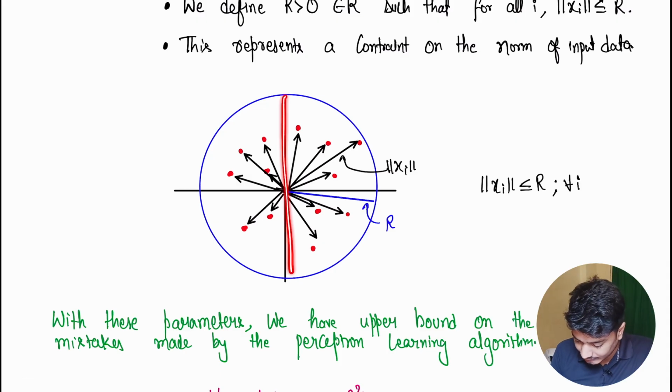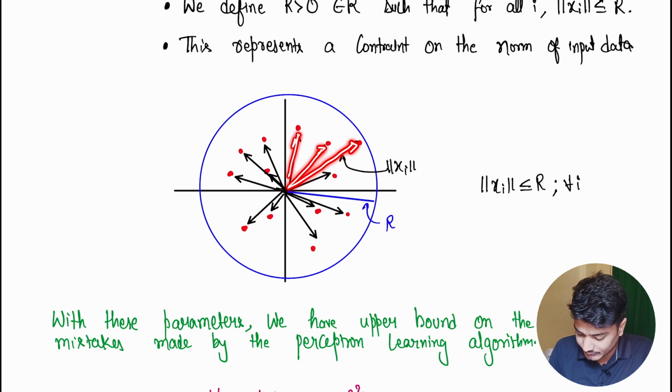Let's say we have these axes, and these are my data points. These arrows are the lengths associated with these data points, and the length is the norm of xi.